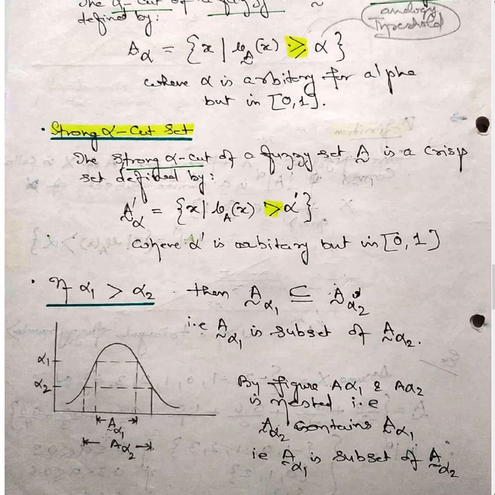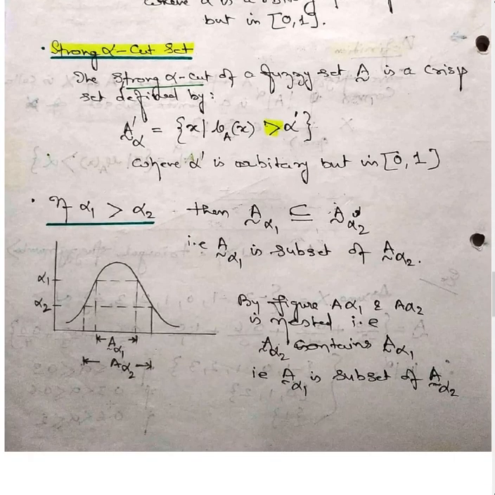In this case, A alpha 1 is a subset of A alpha 2. So these two are termed as nested. That is, A alpha 2 contains A alpha 1, or A alpha 1 is a subset of A alpha 2.